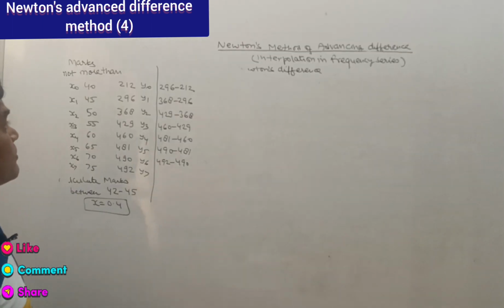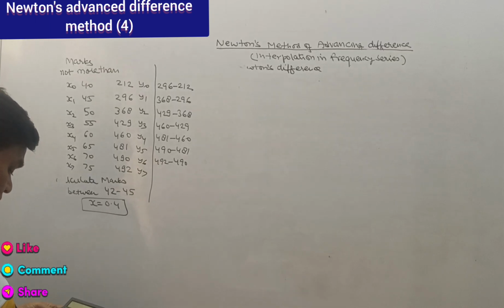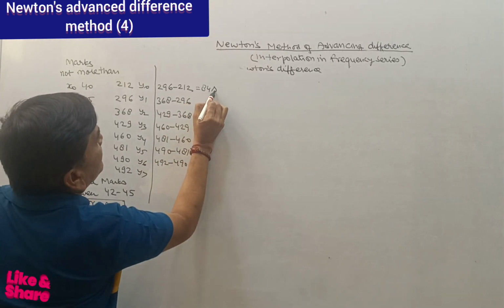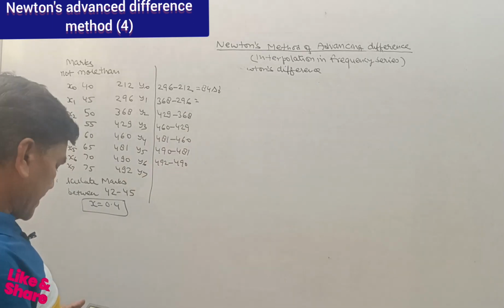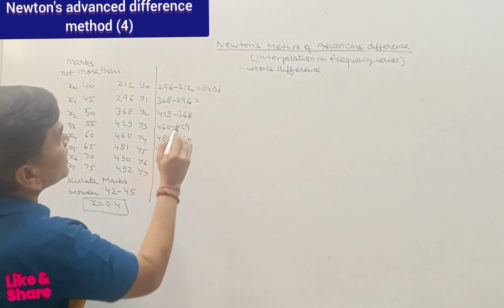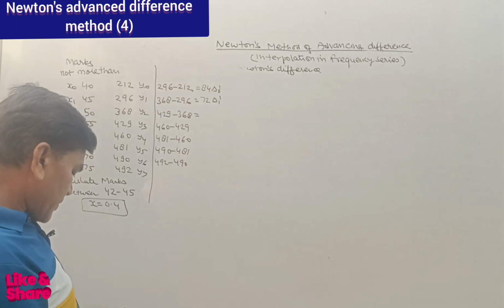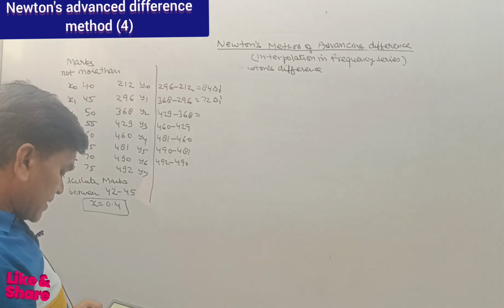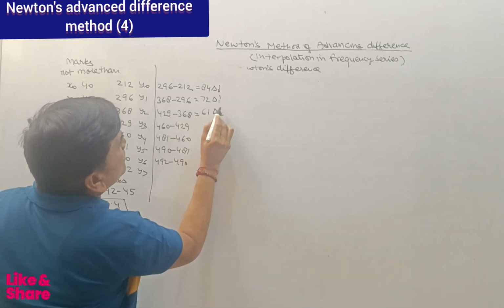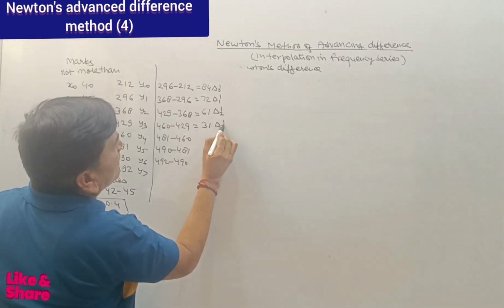Firstly, 296 minus 212 is 84, that is delta 01. 368 minus 296 is 72, delta 11. 429 minus 368 is 61, delta 21. 460 minus 429 is 31, delta 31.